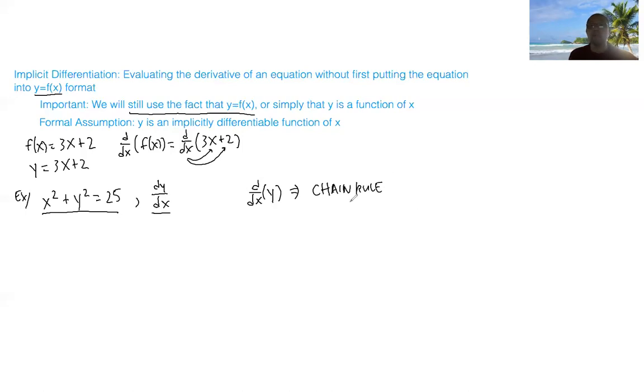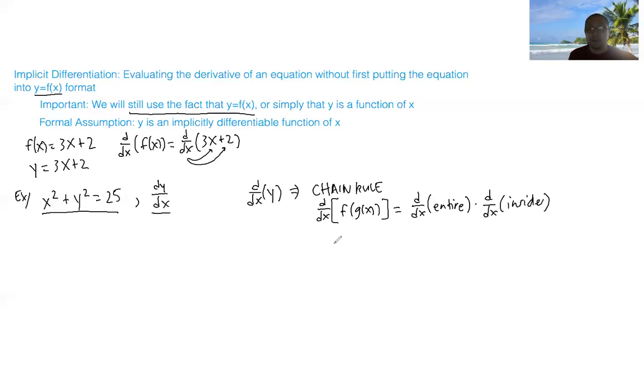And remember, the chain rule from what we talked about was where if we wanted to find the derivative with respect to x of some function f of g of x, we said that we would first find the derivative of our entire function multiplied by just the derivative with respect to x of the stuff on the inside.